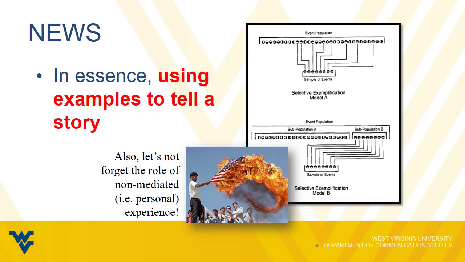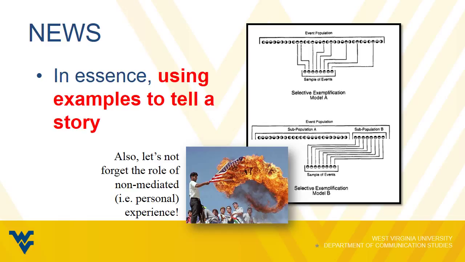Exemplification theory talks about how we use examples to tell stories, but the critique of this method is that those stories don't always represent the larger people they represent. A common example is that whenever an Islamic extremist commits an act of terrorism, oftentimes in the United States, we associate that with all Muslims, which is probably not a very accurate way to discuss this.